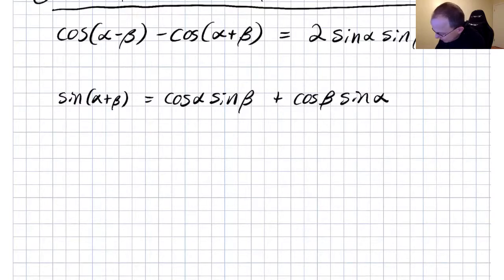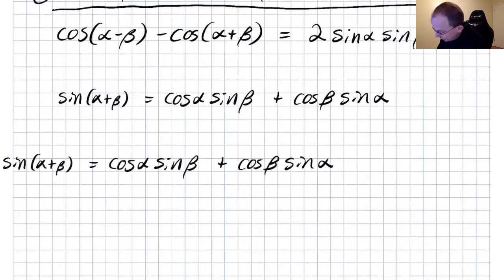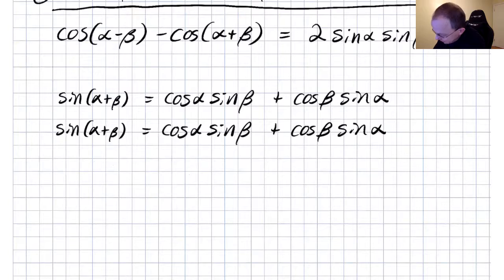So we'll replace the beta with a minus beta. So we make this a minus. Then the sine of beta is going to change sign. So we'll end up getting a negative here.